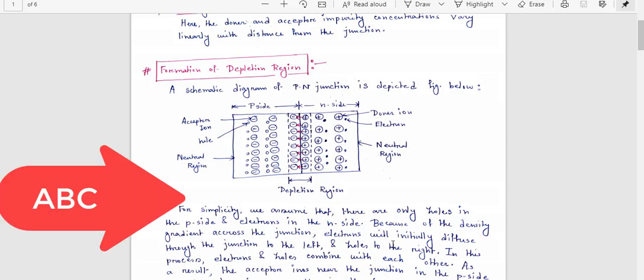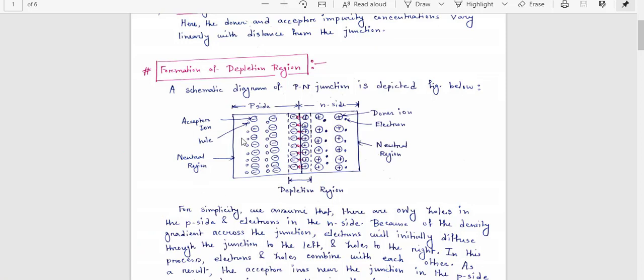You have holes on the p side and electrons on the n side. So forward bias applies a force on the holes of the p side and on the electrons of the n side of the junction.